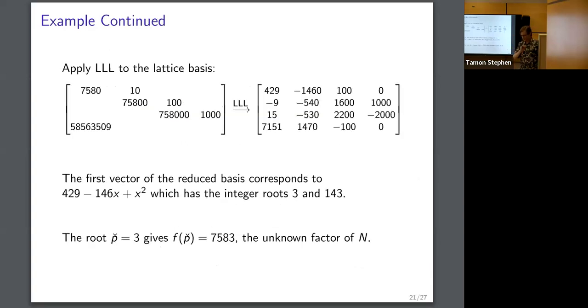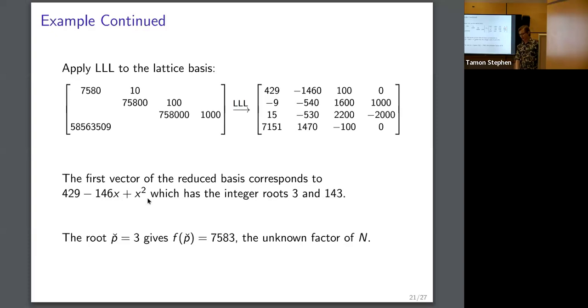And what's going to happen? I just did this in Sage. You have the input basis on the left, the basis that was generated by Coppersmith. You use LLL on it, which gives you the basis on the right, and you can see roughly that the coefficients in the basis on the right are smaller. They're going to be smaller vectors, and you take the shortest vector that LLL produces, like the first one, and it gives you a polynomial, whose integer roots you can then find.